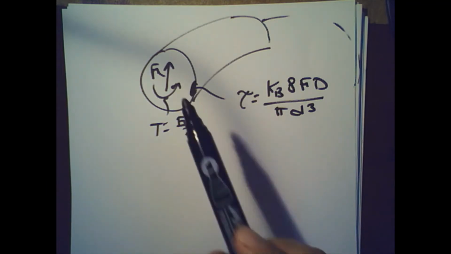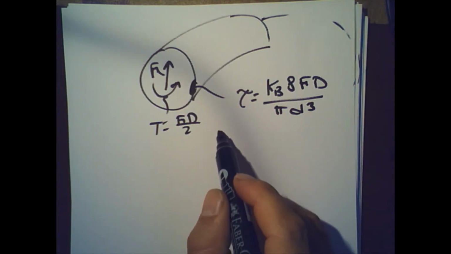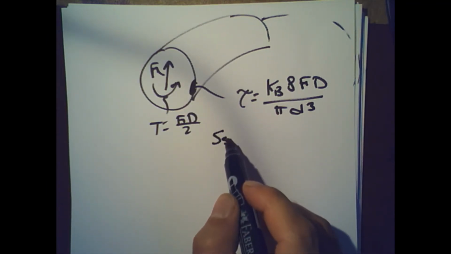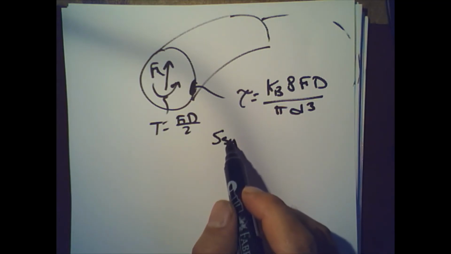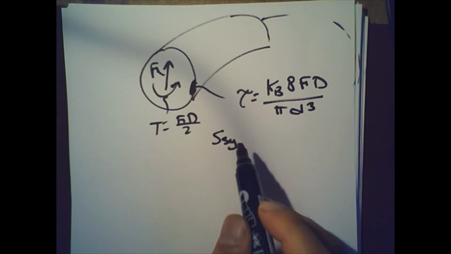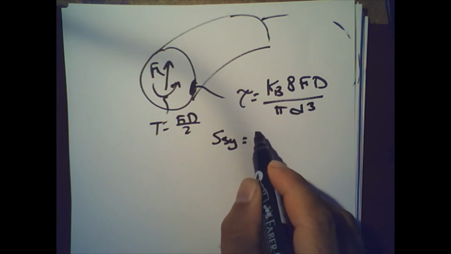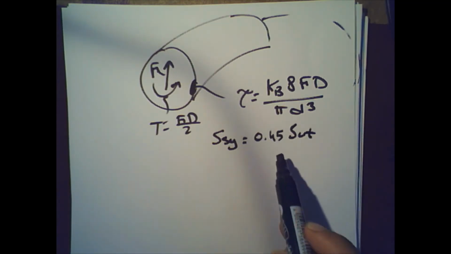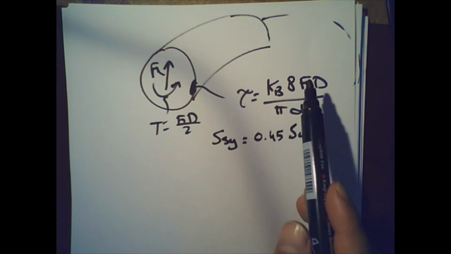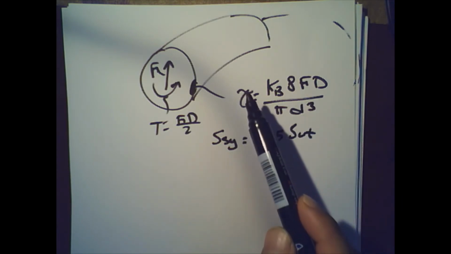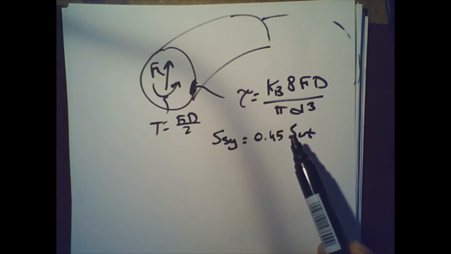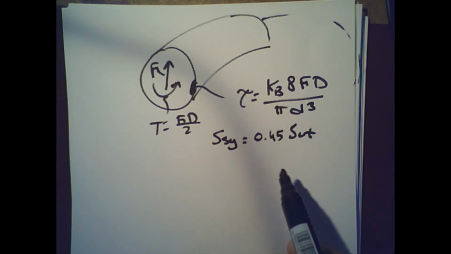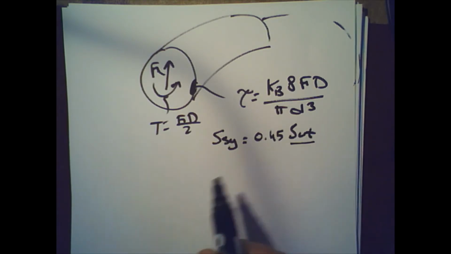This is the shear at that point, and we said the maximum shear at yield is going to be equal to 0.45 SUT, and this is in the case of music wires. So when you want to calculate the force at yielding, you're going to replace this shear by this value. And what was SUT equal to?